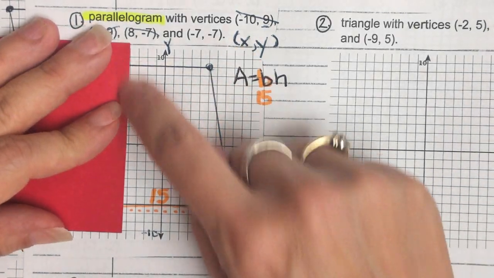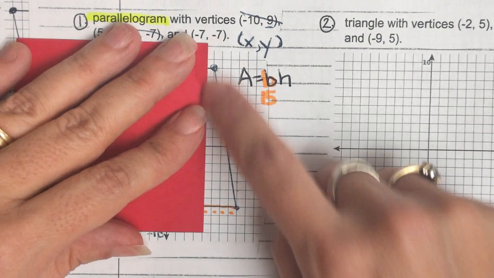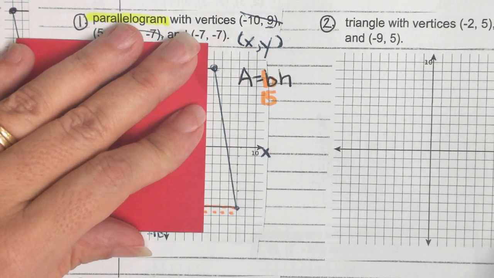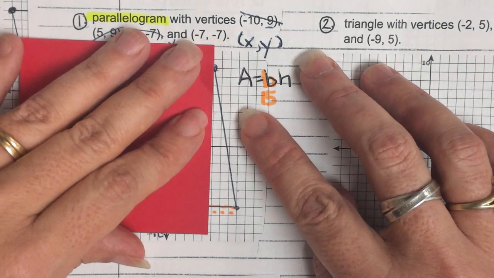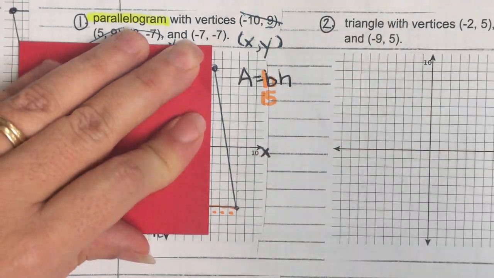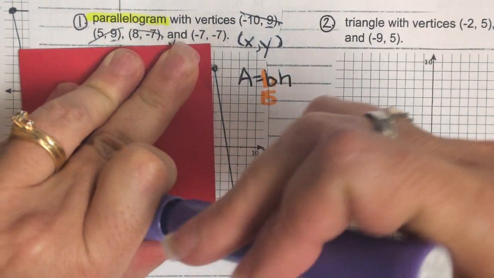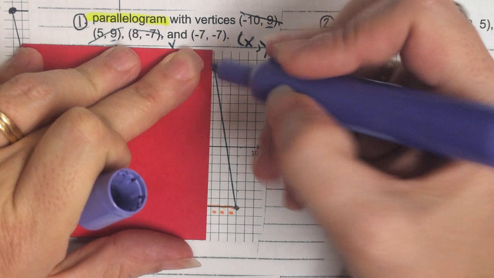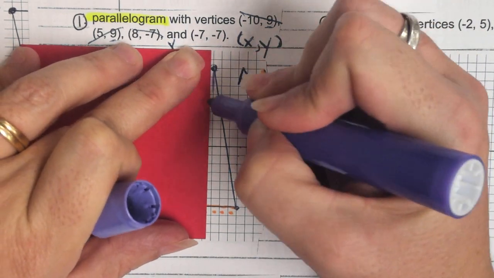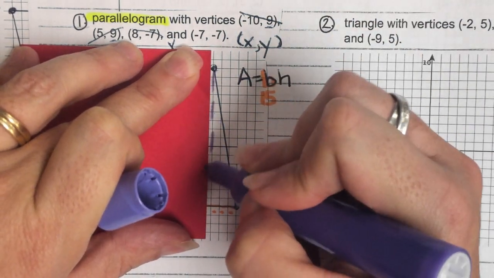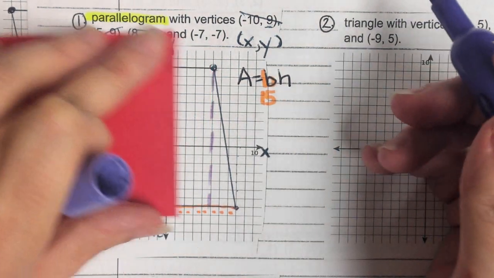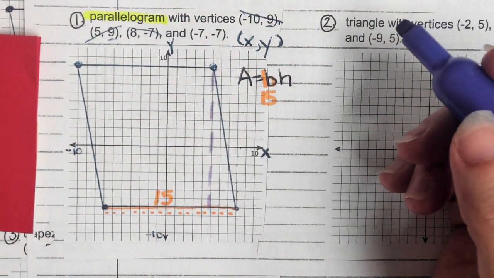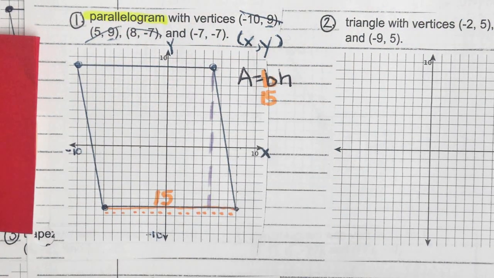You could use that line, that line, that line. It doesn't matter. I've just been doing it over here because usually it's from a corner. And usually the heights have been dotted, but it's up to you if you want it solid or whatever. And now I've got to count the boxes from the top to the bottom, okay?